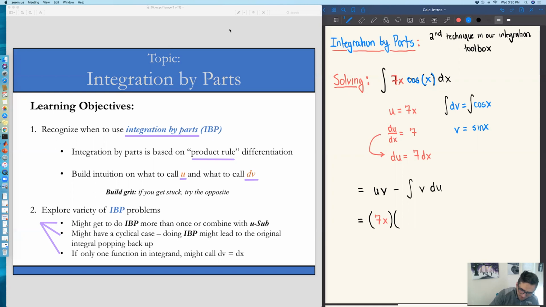Our v was equal to sine of x, so we just pop that in. Then we have minus the integral of v, which we saw was sine of x. And then finally, we multiply by our du, which now hopefully you're seeing why we need to connect that dx there for that differential. So we have that du is equal to 7 dx.